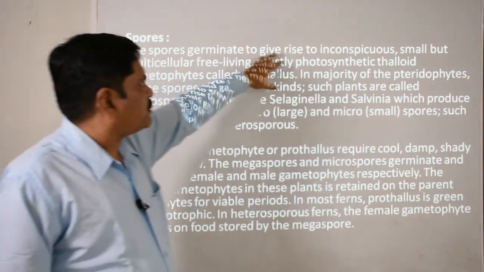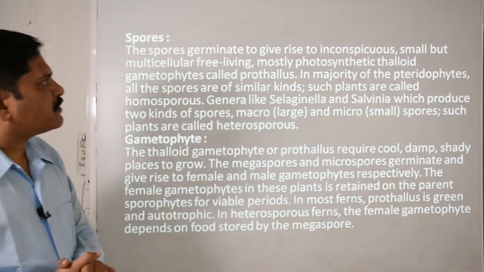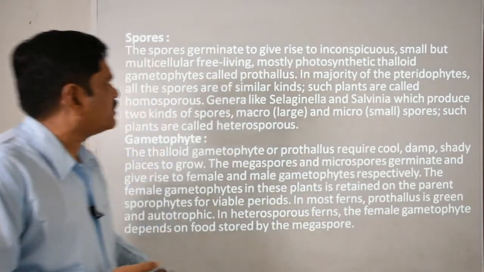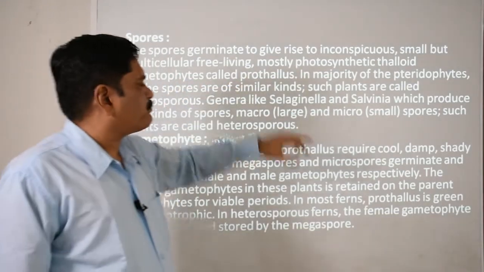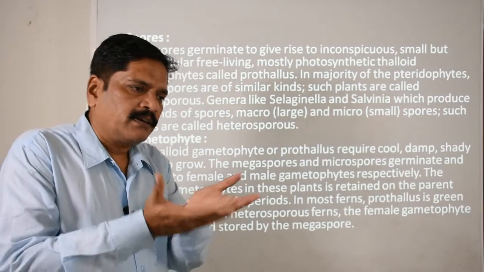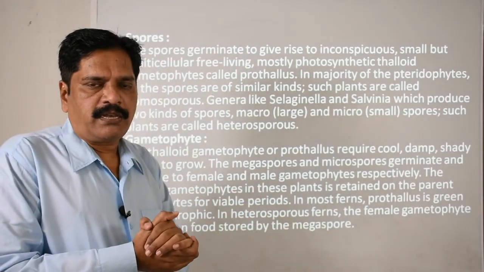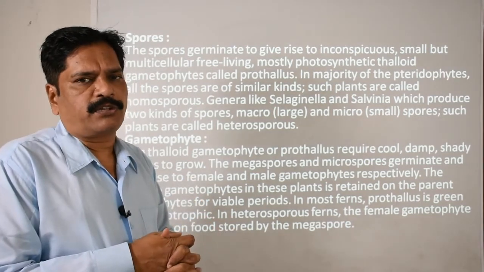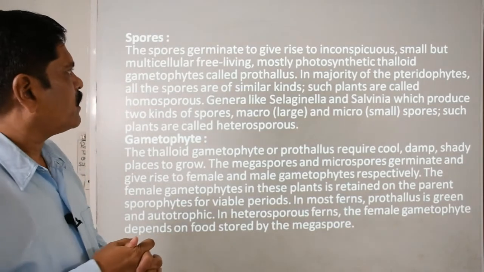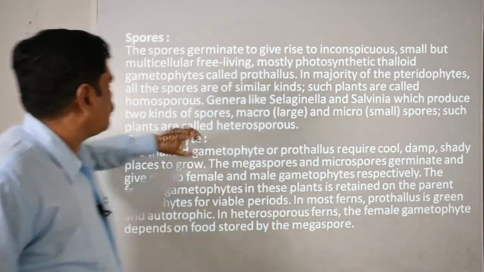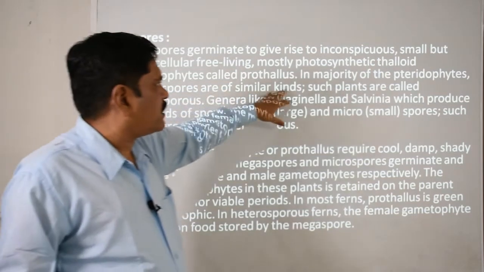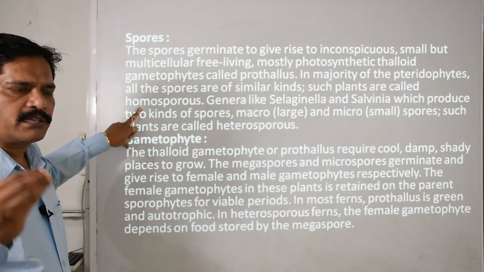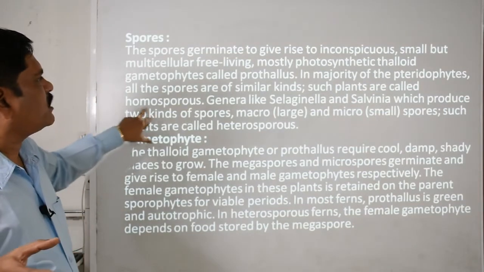Now we are going to talk about the spores. The spores germinate to give rise to inconspicuous, small but multicellular, free living, mostly photosynthetic thalloid gametophytes called the prothallus. Clear? A flattened structure having parenchymatous tissue and generally responsible for photosynthesis. In the majority of pteridophytes, all the spores are of a similar kind, and these plants are called homosporous.